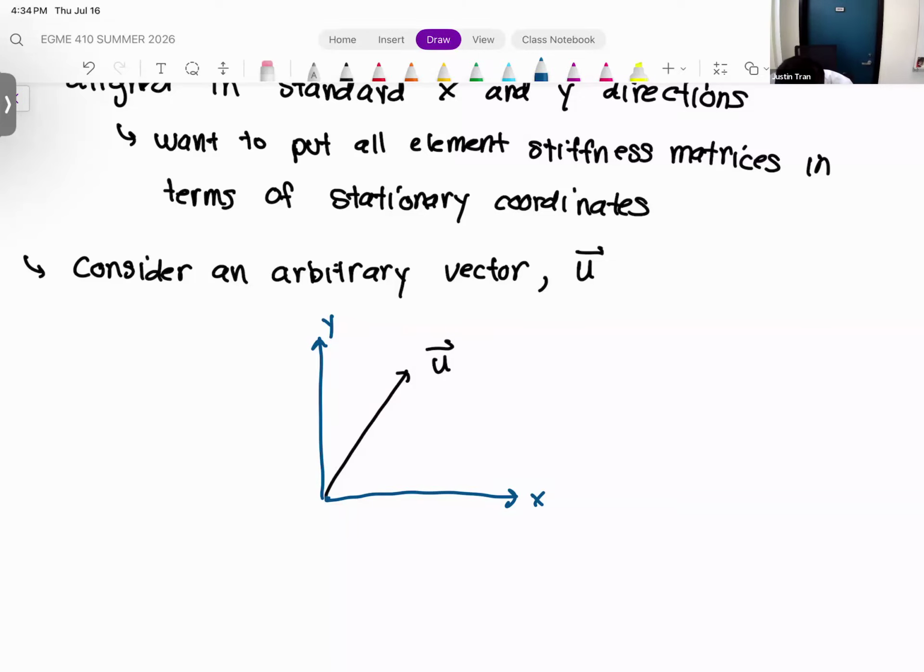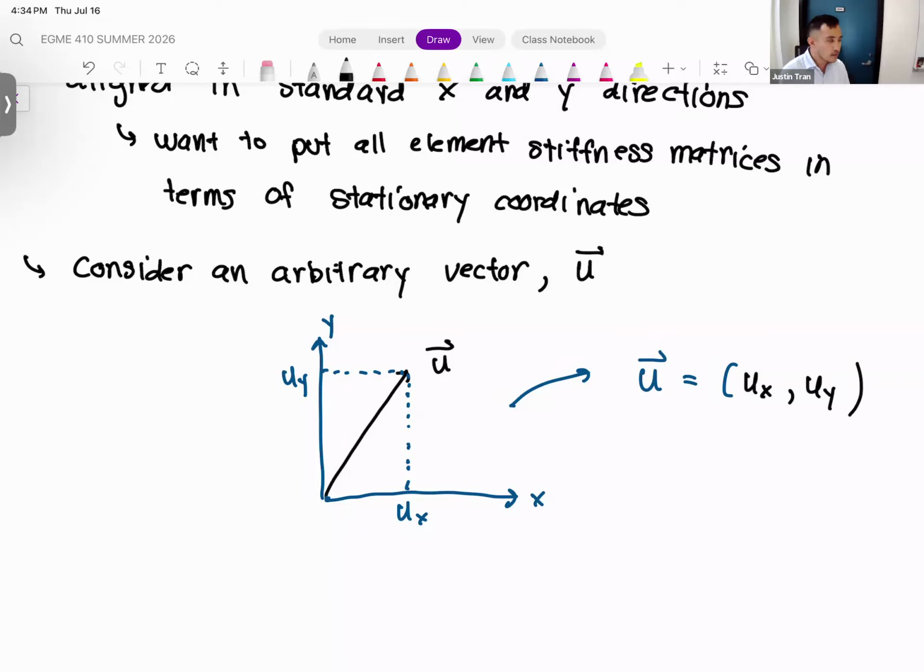Remember, to express things in component form, we look and see what the coordinates of that vector are relative to the coordinate axes. So this would be ux, and this would be uy. So U vector is equal to ux and uy, essentially the xy coordinates of that vector, which is how far that vector proceeds along the standard x-axis and the standard y-axis.